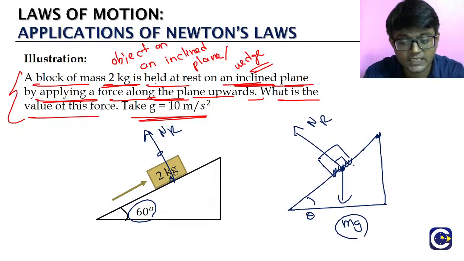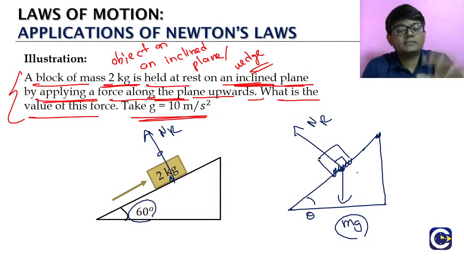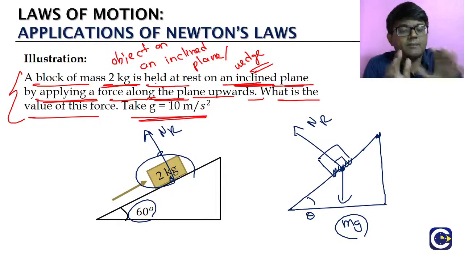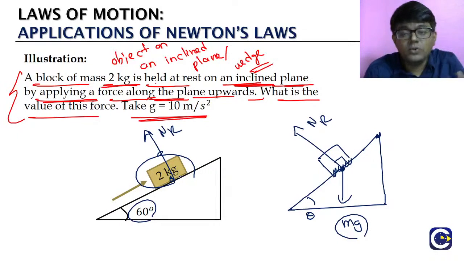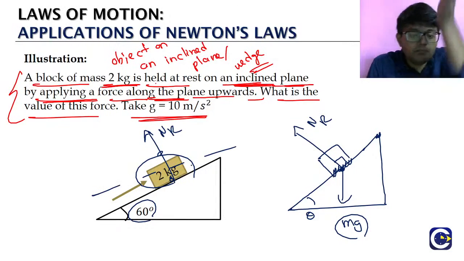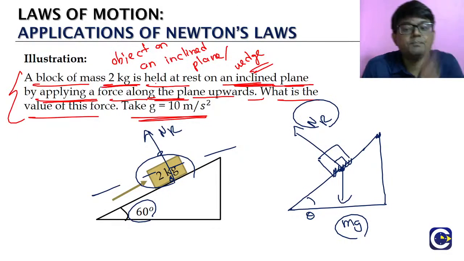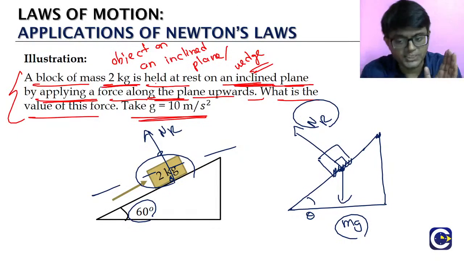And remember what we were saying: for the study of a block on the inclined plane, we take the components of the forces along the plane and perpendicular to the plane. Here the normal reaction is already perpendicular to the plane, no need to bother about it.